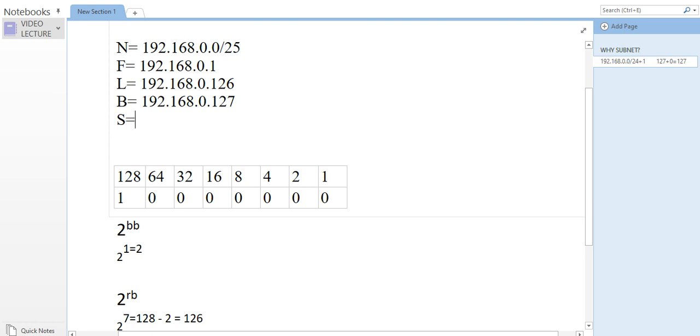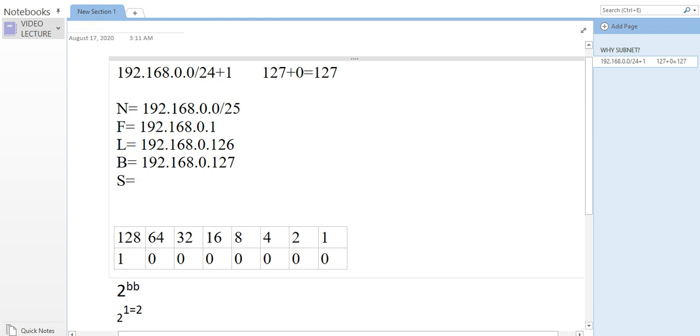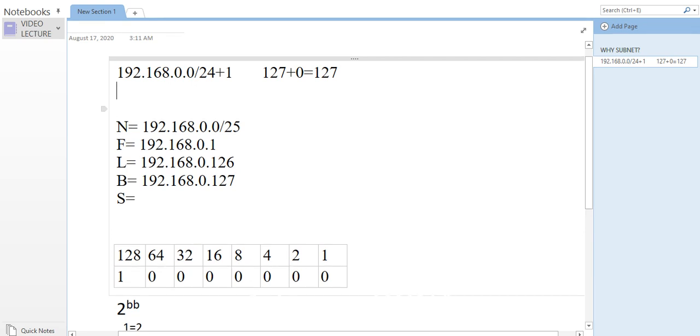Now, what do you think is going to be our subnet mask? That is one question. What would be your subnet mask? Your subnet mask is the number of bits that are part of the network portion. So how many bits are part of the network portion?